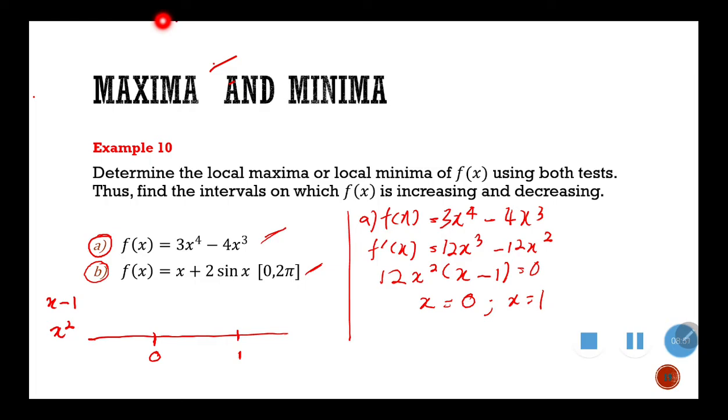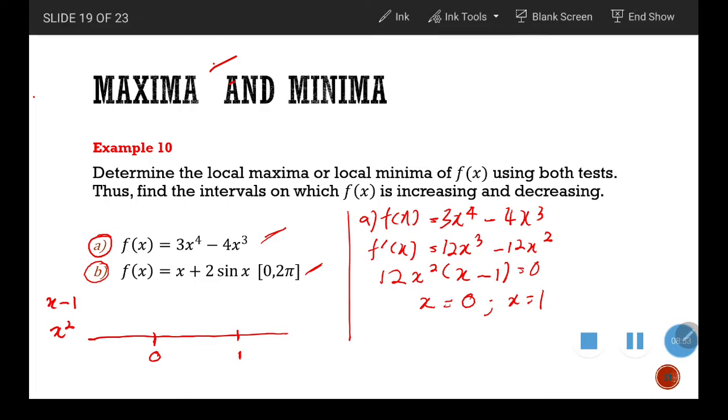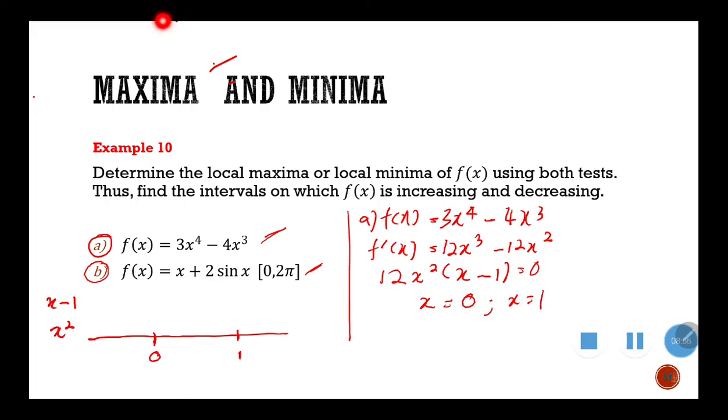So now I'm going to replace with the number to make the real number line test. So for x less than 0, any number you may pick, katakanlah saya ambil negative 1. Negative 1 square, you will get positive. Negative 1 tolak 1, negative.